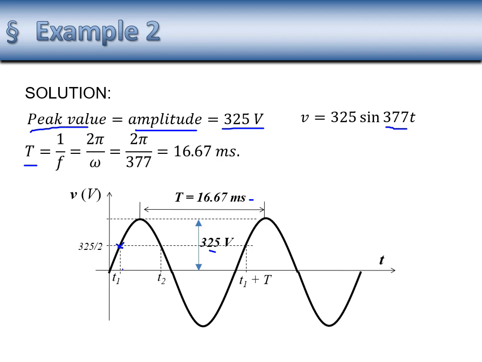So we need to know what t sub 1 is here, and that would be the answer. But take note that half of the peak also occurs at t sub 2 and even at this point in time, and so on. So let's just limit our requirement to knowing what t sub 1 and t sub 2 are.